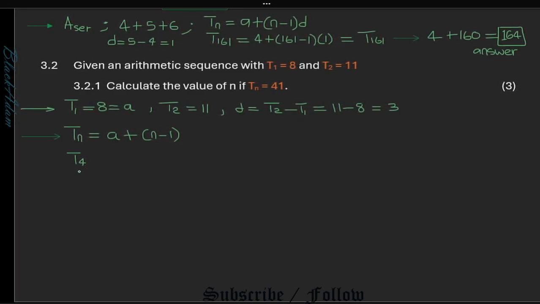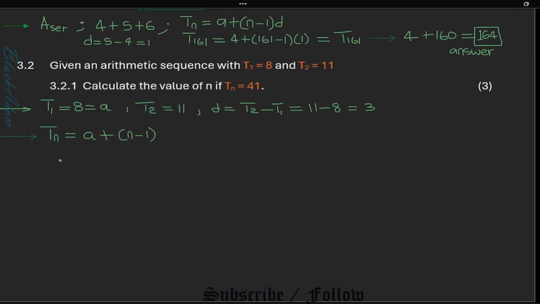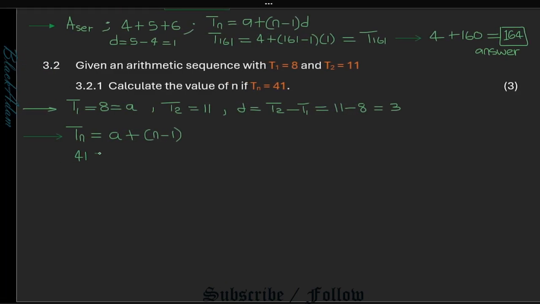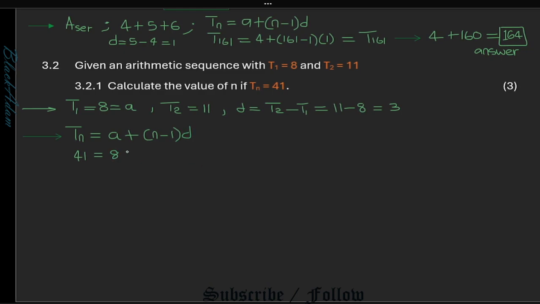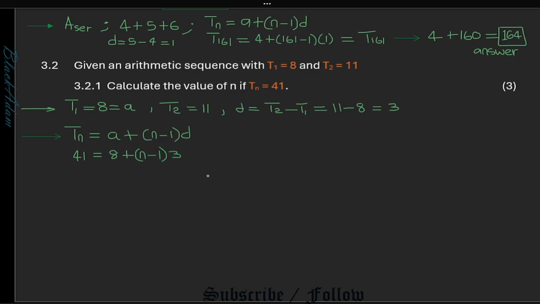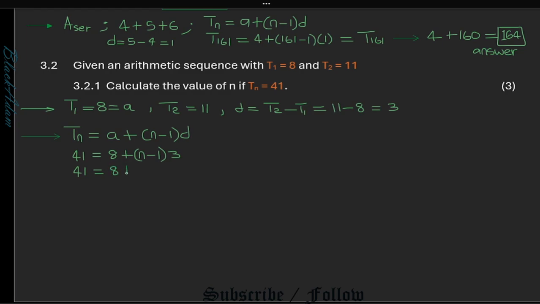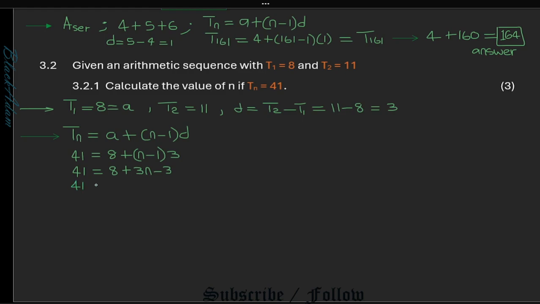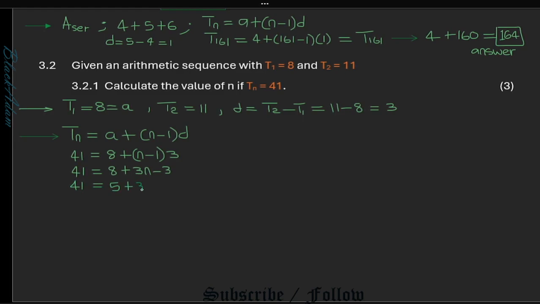So we have T1, Tn, we're told is 41, a common difference d, and then it's 8 plus n minus 1 multiplied by the common difference, which is 3. So solving for n, there will be 8 plus 3 times n, 3 times negative 1, which is negative 3, and then 8 minus 3 is 5 plus 3n.